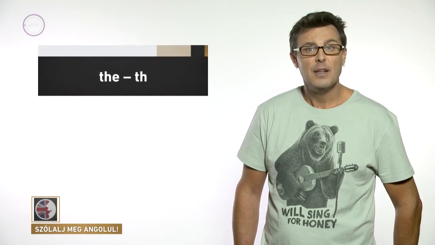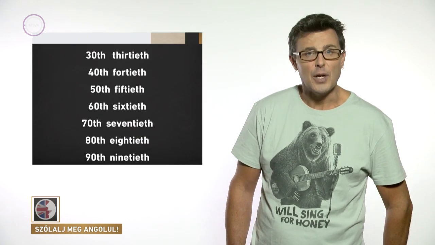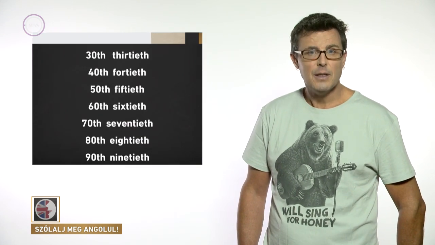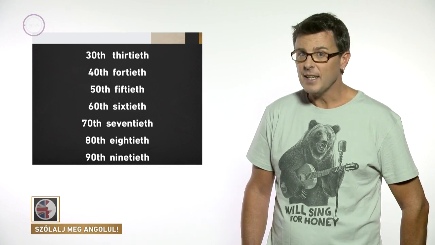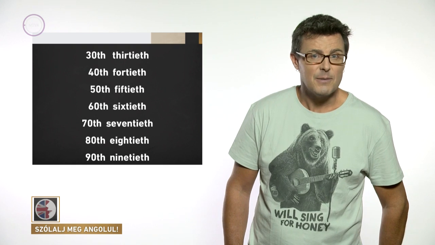Now, like 20th with 30th, 40th, 50th, 60th, 70th, 80th and 90th. We change the Y to I before we add the th. So they look like this. 30th, 40th, 50th, 60th, 70th, 80th, 90th.